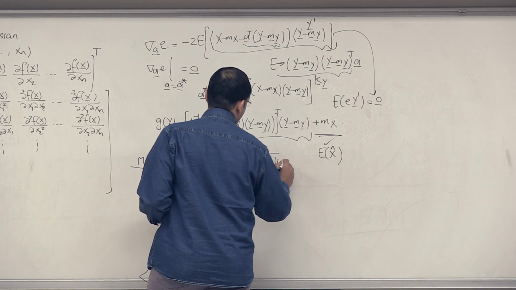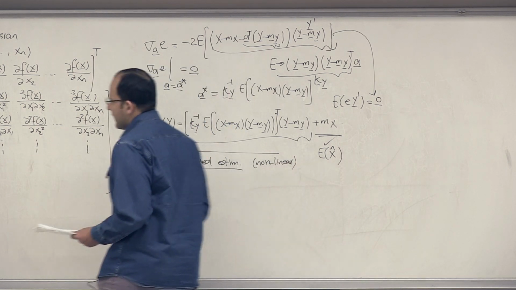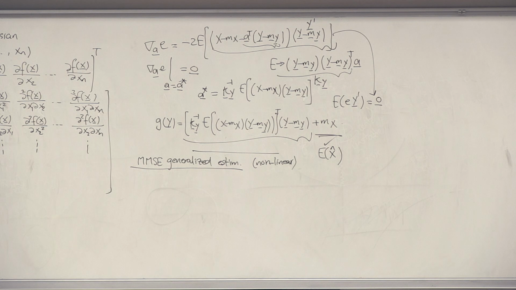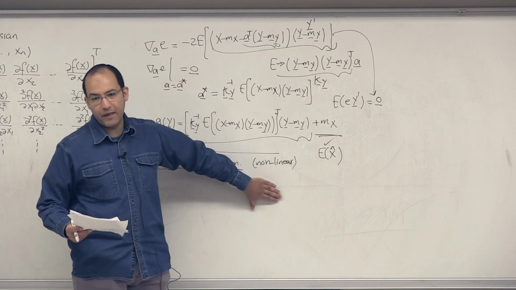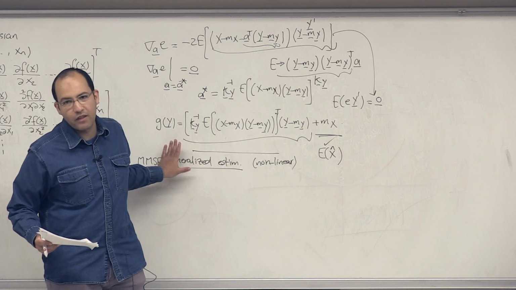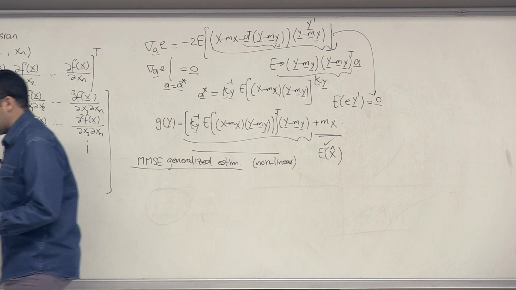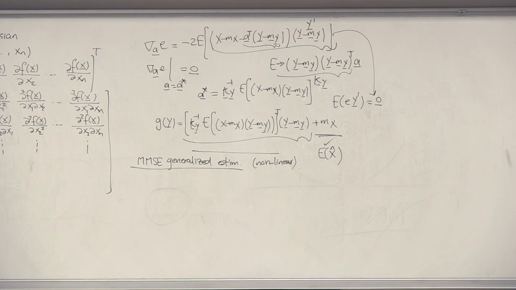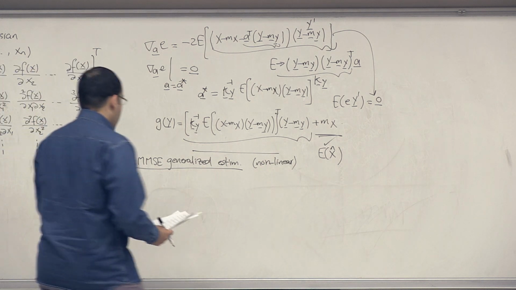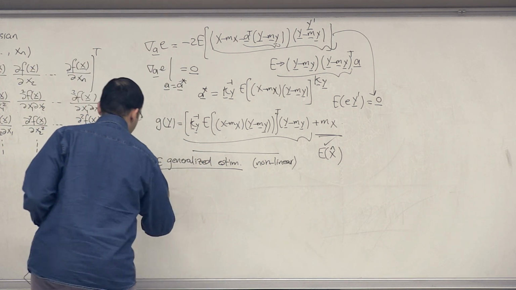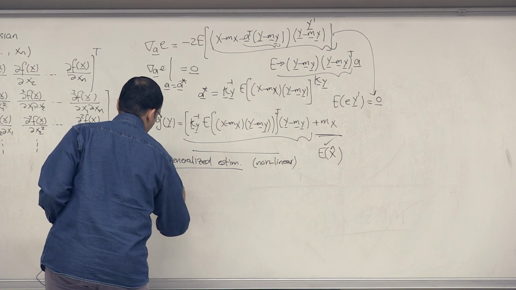The MMSE Generalized Estimator is also called nonlinear estimator, but I hate this nomenclature, and we will show by example why. So let's call it generalized. But what they meant by calling it nonlinear is that the linear assumption is not there. So you can have anything. That's what they meant. So now we don't really have any assumptions, so we are solving this problem.